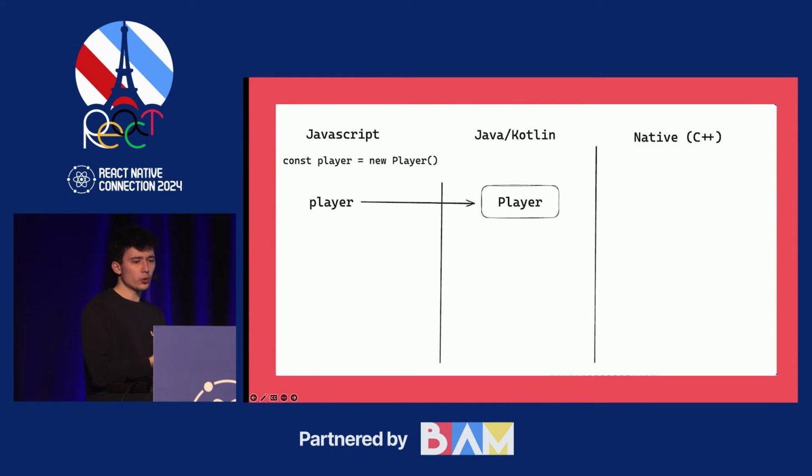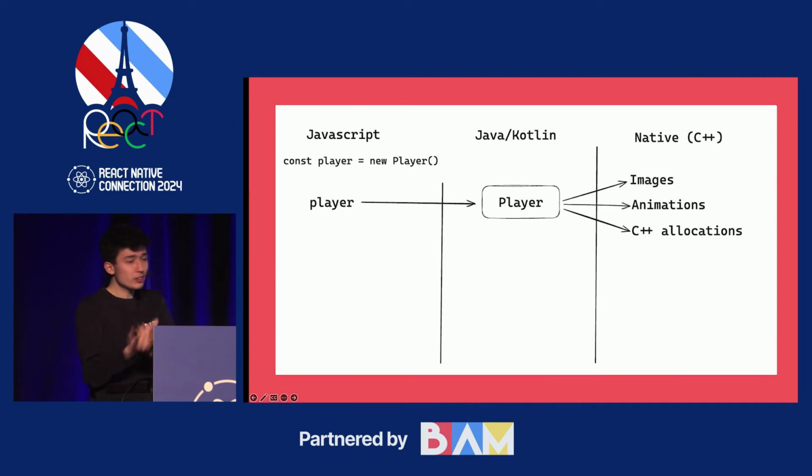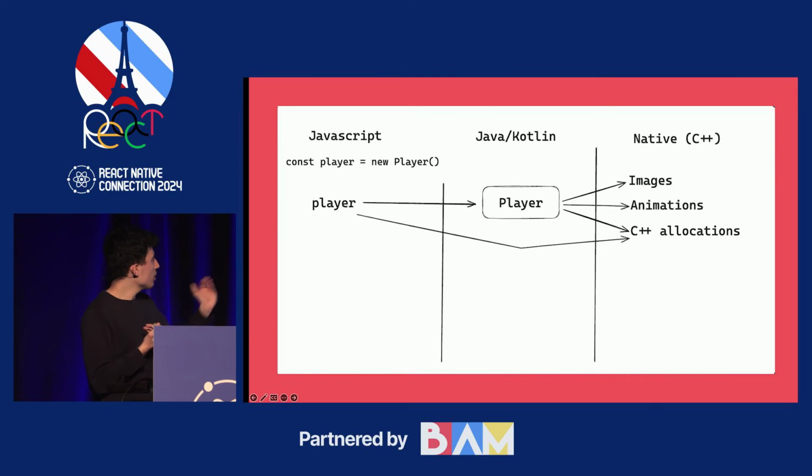So it will reference a Java object, but maybe this player will also reference native objects, like images, animations, SVGs, and C++ allocations like strings or other things. And your JavaScript code can also reference native objects. For example, when you do a fetch, there will be a native allocation, but your fetch is in JS.